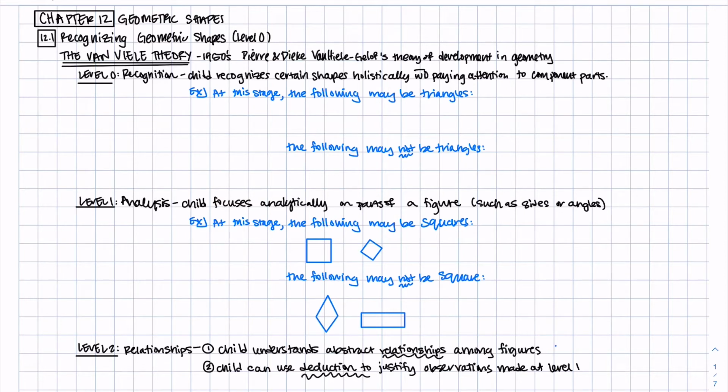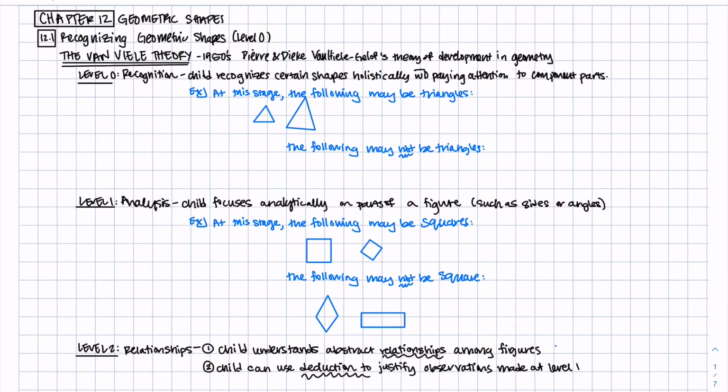Good. So a child recognizes certain shapes holistically without paying attention to component parts. For example, things that may be considered triangles at this stage are a nice isosceles looking triangle, and maybe even something that's not equilateral, but something like this.